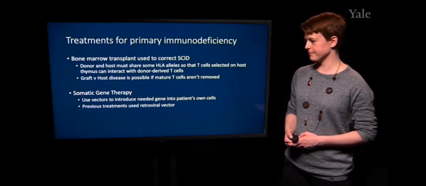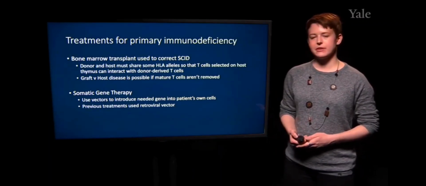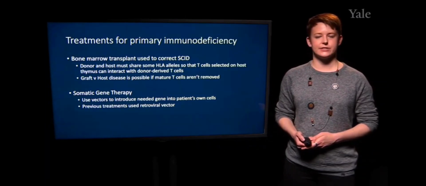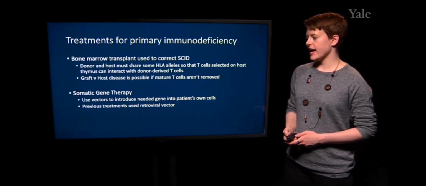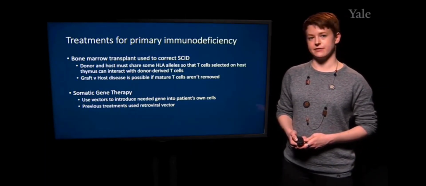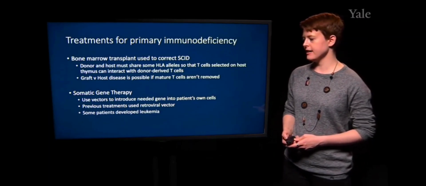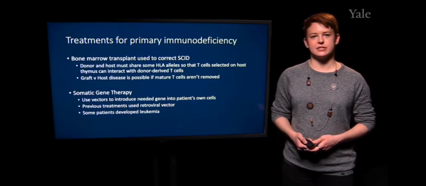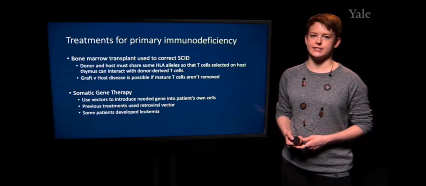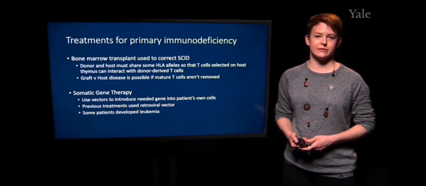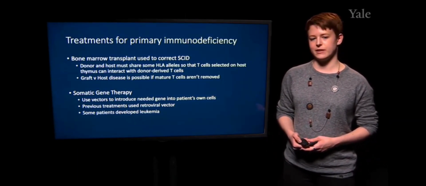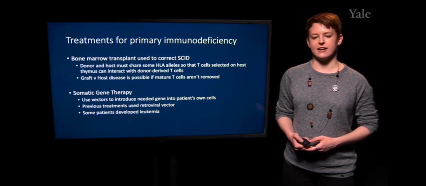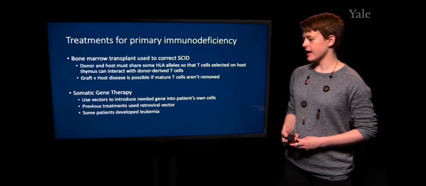Previous treatments here were used in SCID, and these treatments used a retroviral vector. However, some of these patients developed leukemia because the retrovirus randomly integrated the new functional gene into the genome, and sometimes this interrupted oncogenes, and so cancer occurred.